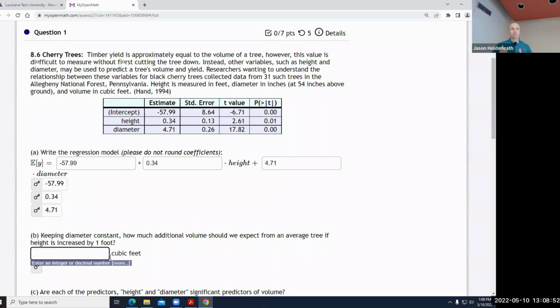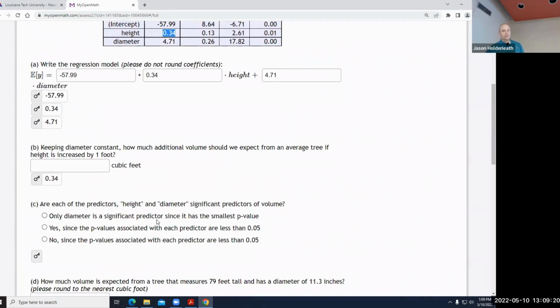Going to go up by 0.34. Yeah. Goes up by 0.34. 1 unit change in X leads to a B unit change in Y. Okay.